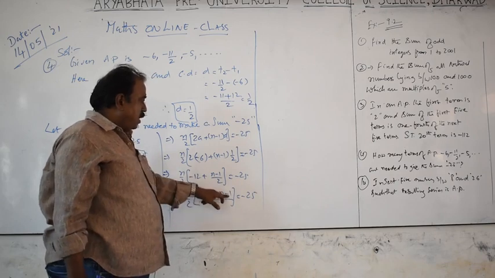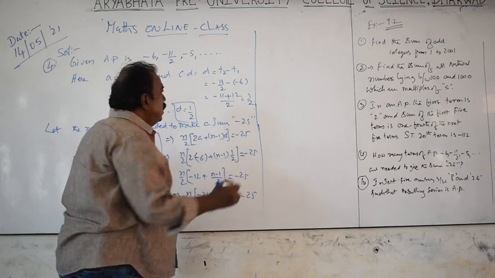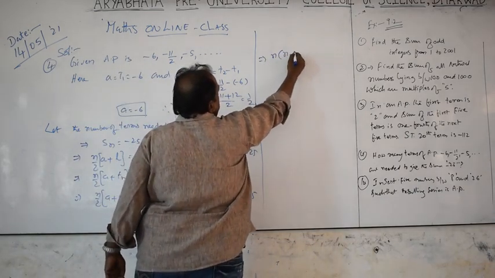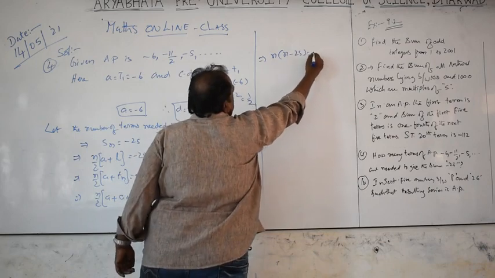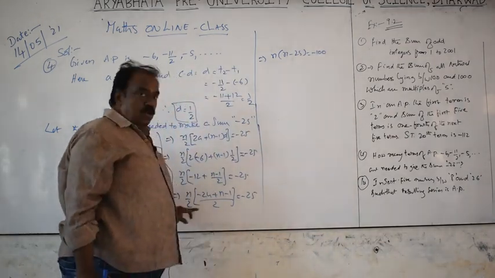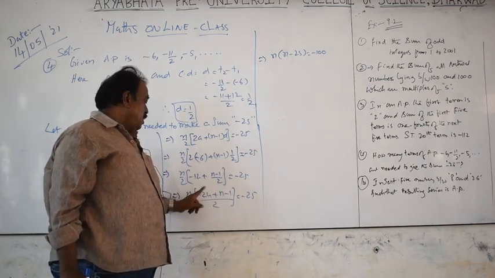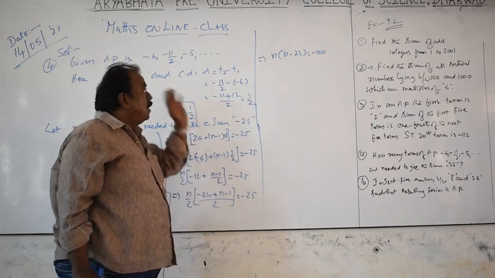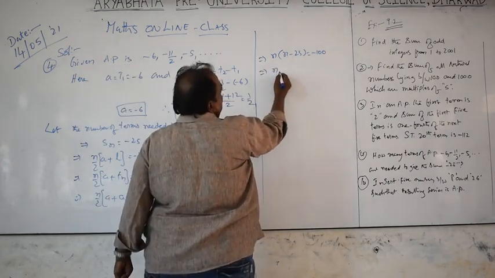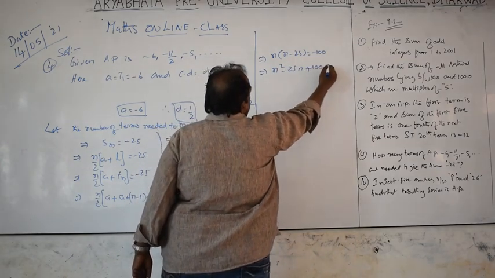Minus 24 minus 1 is minus 25. So it is n of n minus 25, that is n square minus 25n, equal to minus 100, so n square minus 25n plus 100 is equal to 0.